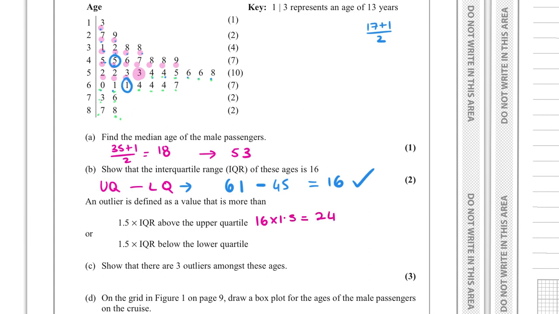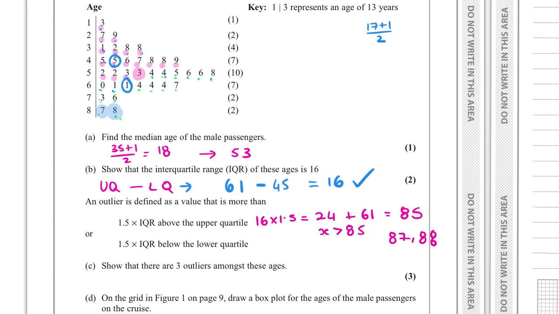Everyone happy with 24? Now, if I add this to my upper quartile of 61, anything above 85 is an outlier. Do I have any above 85? Yeah, 87 and 88. So any age above 85 is an outlier, and I've got 87 and 88.